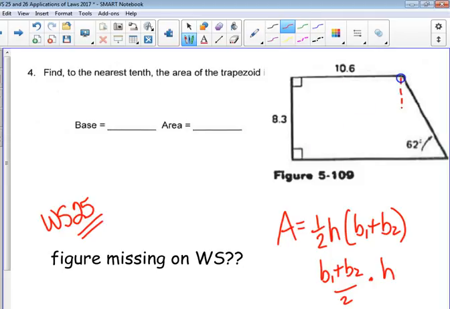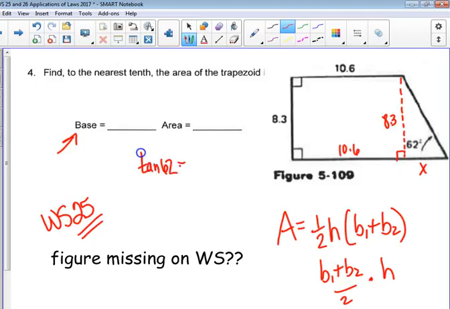If we do this, we're trying to find this whole base down here because it asked that question. So this is 10.6. What's this piece right here? And then we need to find that. Yes, it is. So we just have a little tangent question, right?